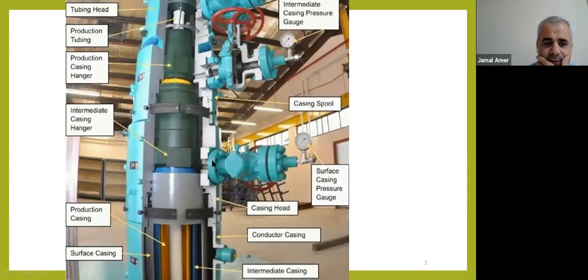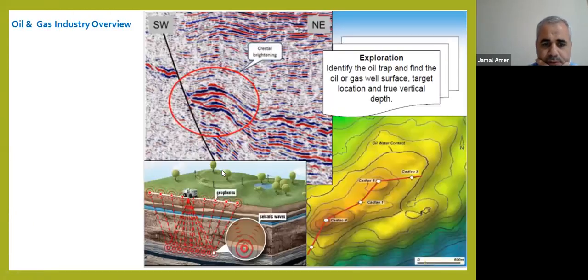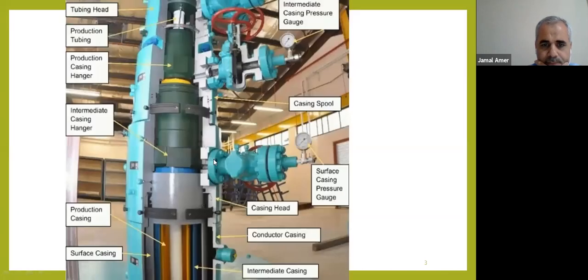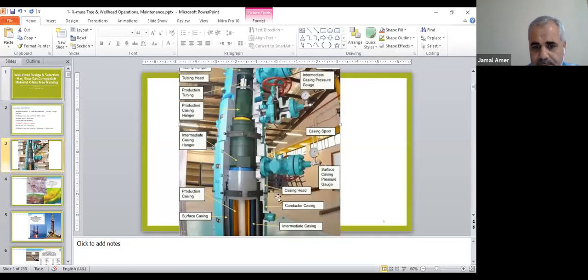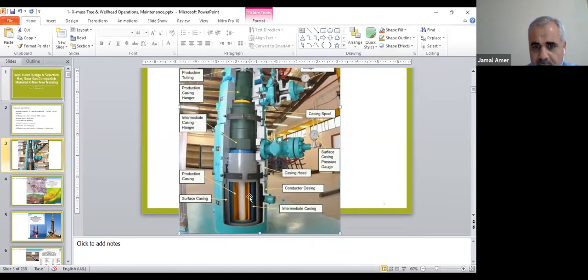At the end of this session we see this photo here. This summarizes all components of wellhead and the Christmas tree. We know all wells are drilled in stages: surface stage, intermediate stage, and production stage.